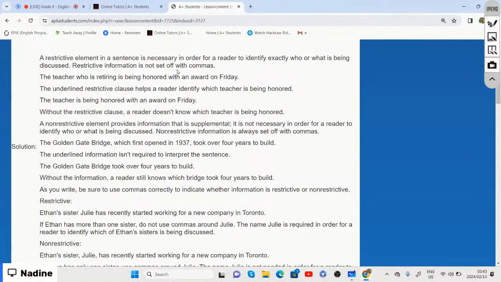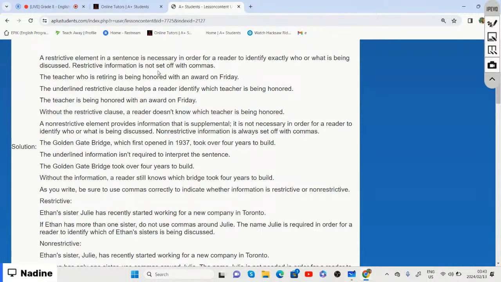So a non-restrictive element provides information that is supplemental. It is really not necessary in order for a reader to identify who or what is being discussed within a sentence.